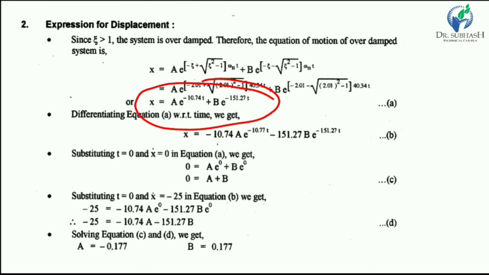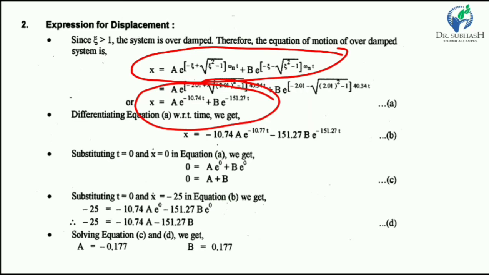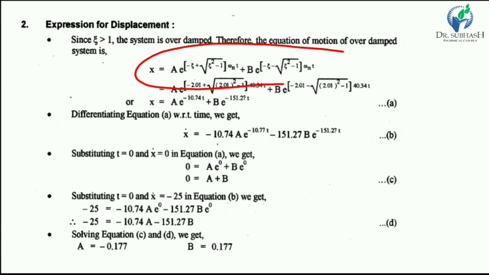In this equation, with respect to time, at any moment of time we can find out the displacement, and this is called the motion equation of damped free vibration, or we can say particularly over damped vibration.